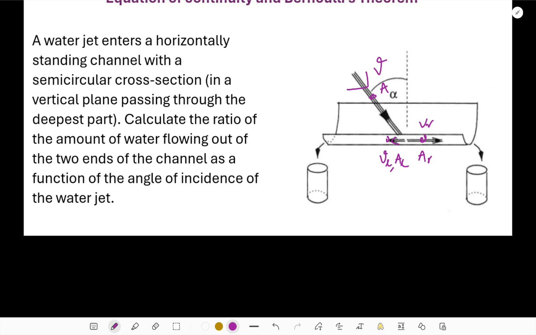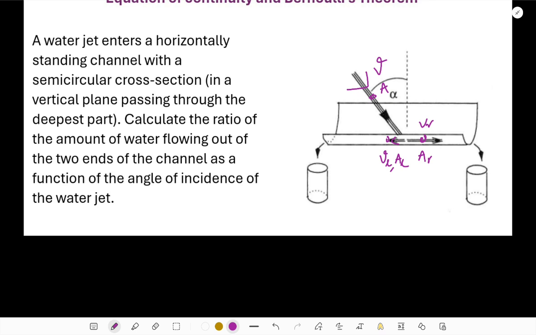I can consider like this, that per unit time, a volume of water VA flows through the cross section of the water jet, that is volume of water per unit time.